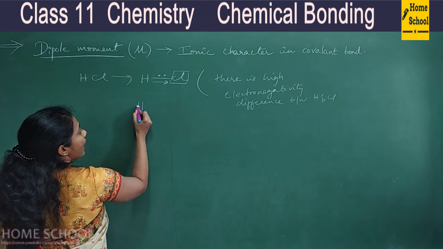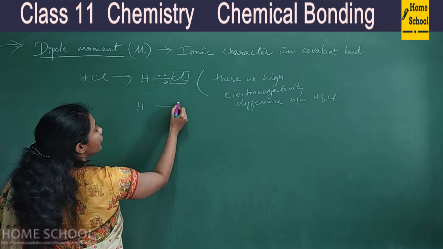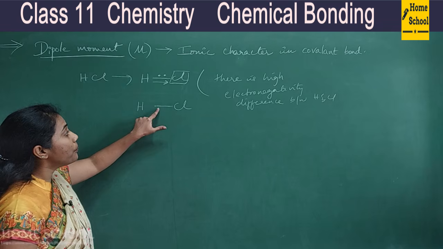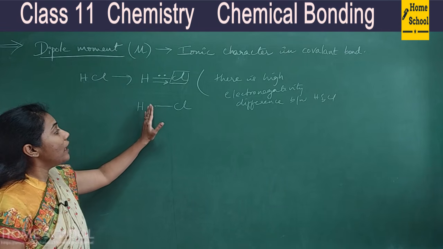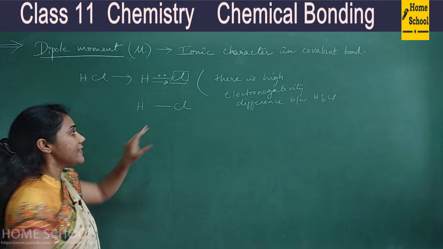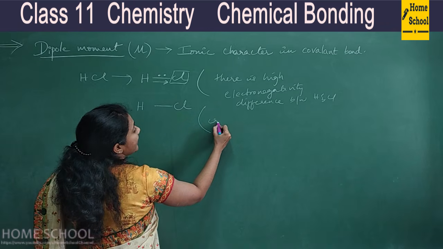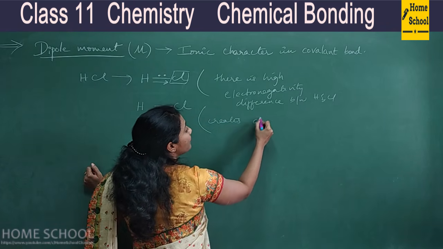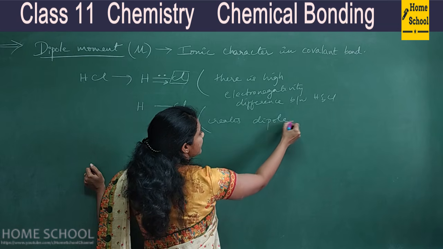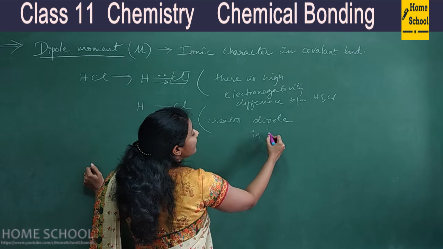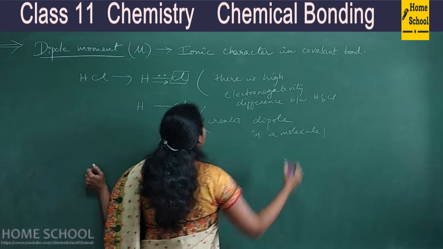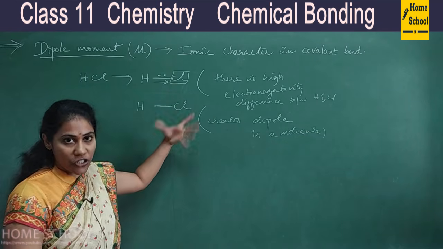So what happens? The bond is slightly moved more towards Cl. This moving of the bond towards Cl creates a dipole in the molecule. So what do we mean by dipole? Dipole in the sense of charge creation.